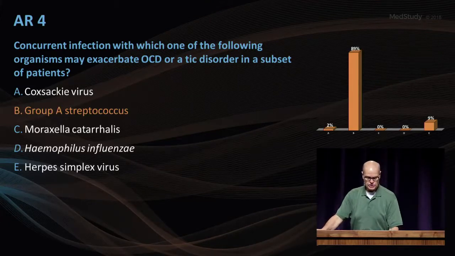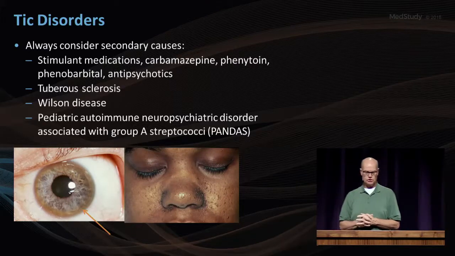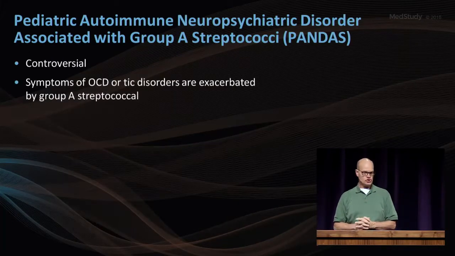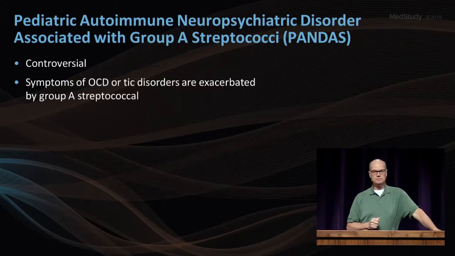And this is pediatric autoimmune neuropsychiatric disorder associated with Group A strep. It's controversial, but symptoms of OCD or tic disorders are in a subset of individuals exacerbated by Group A strep.